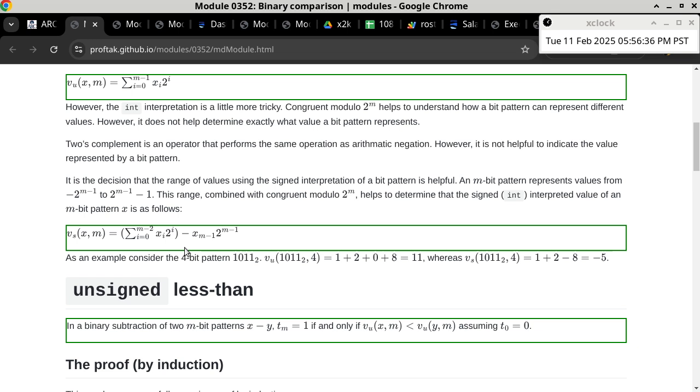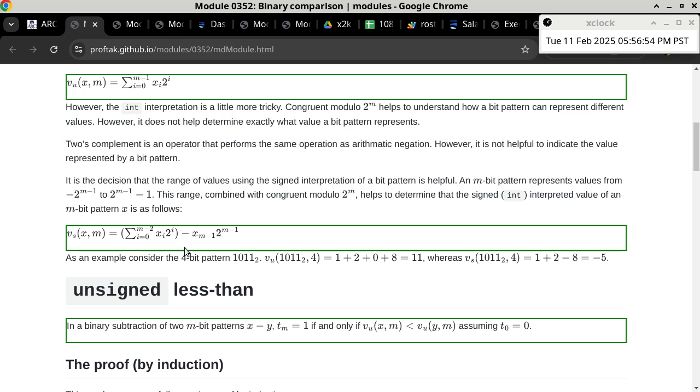Very good. And that is also why the most significant bit is also known as the sign bit. If the sign bit, or the most significant bit, is a 1, then the signed value being represented is guaranteed to be negative.